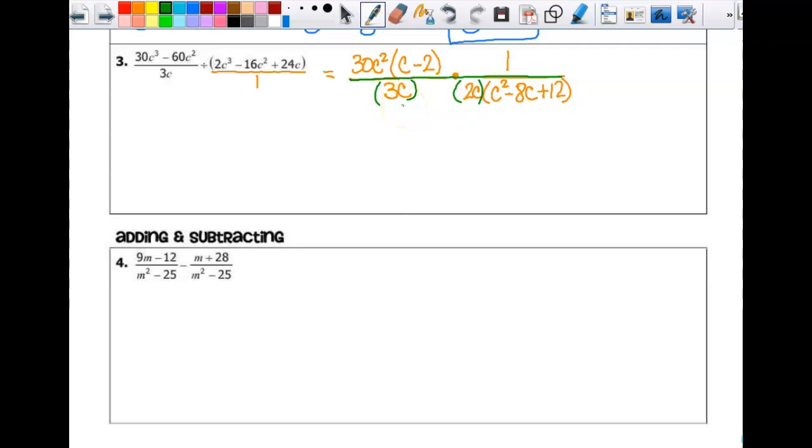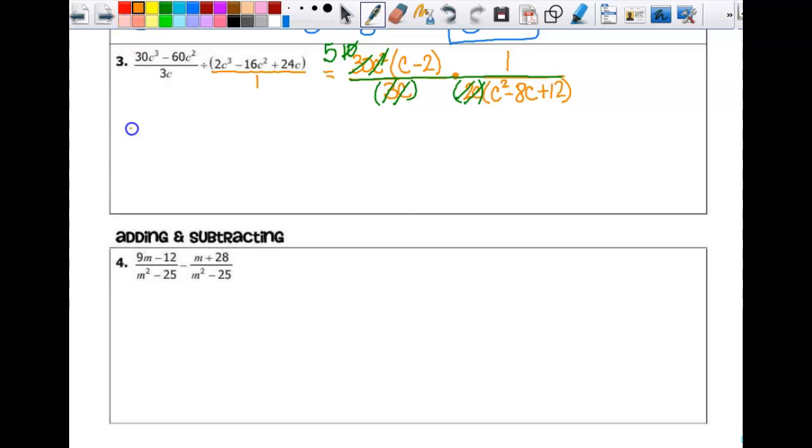So I can go ahead and reduce some. This 3 can reduce with 30 and make it 10. This c can reduce with c squared, so I just have one of those c's left. Then 2 can reduce with the 10 to make it 5. And this c can cancel out that last c we had right there.